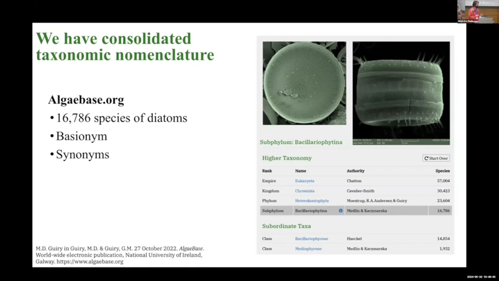We can pull that data and go like, oh, Sherry Fritz working in the plains in the 80s described all of these species in abundance and tied to environmental data, but back then everything was Fragilaria, and now Fragilaria, the genus, is like 20 different genera. So we can use AlgaeBase to pull that and update those.